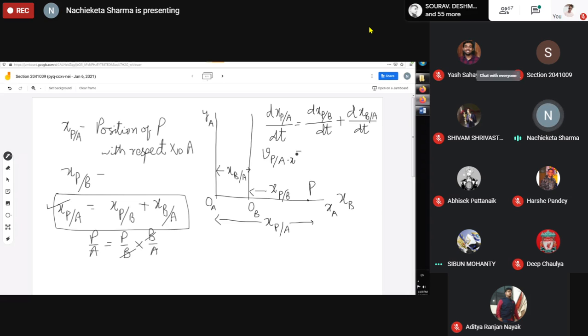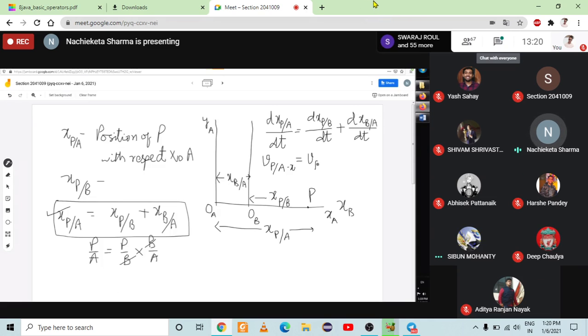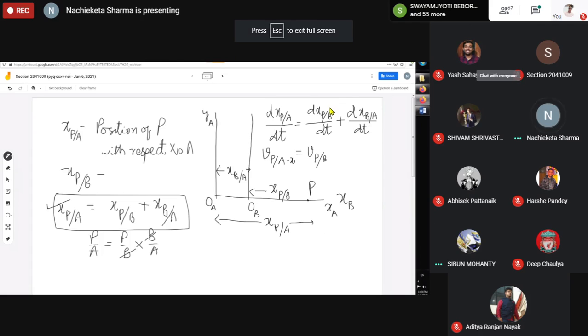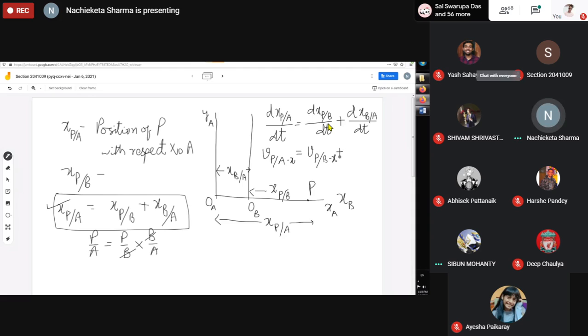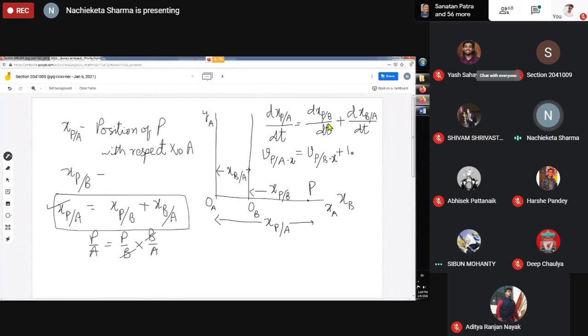Similarly, the x velocity of P with respect to A is equal to the x velocity of P with respect to B, plus the x velocity of B with respect to A. Okay, so this is the equation of relative velocity in one dimension. This is how I find my equation from these equations.